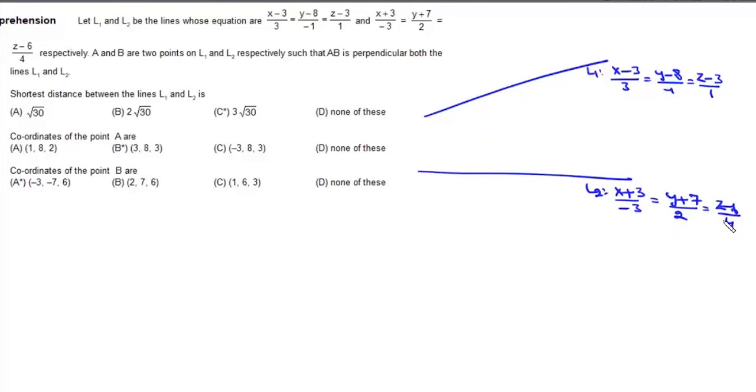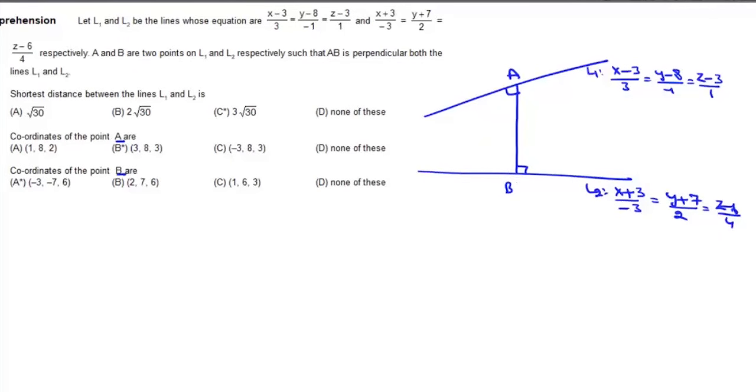Now it says A and B are two points on L1 and L2 such that AB is perpendicular to both L1 and L2. So we have this line AB, which is perpendicular to both the lines. Now we need to find the coordinates of A and B, and we also need to find the shortest distance between L1 and L2, which is given by this distance AB.